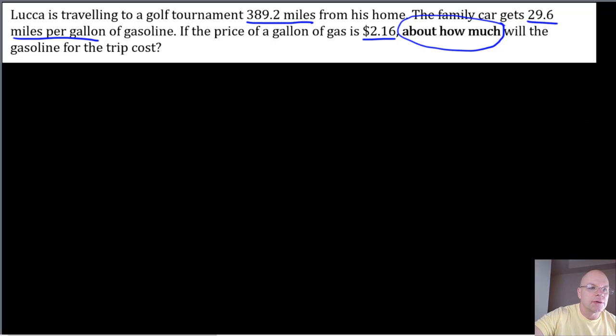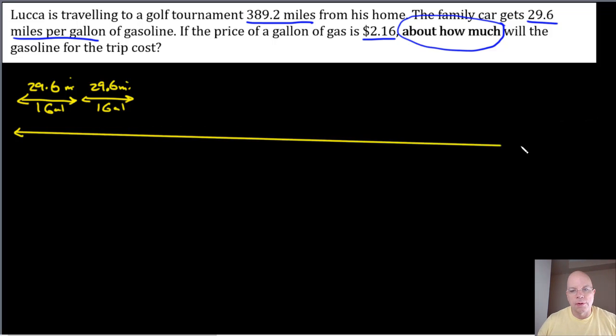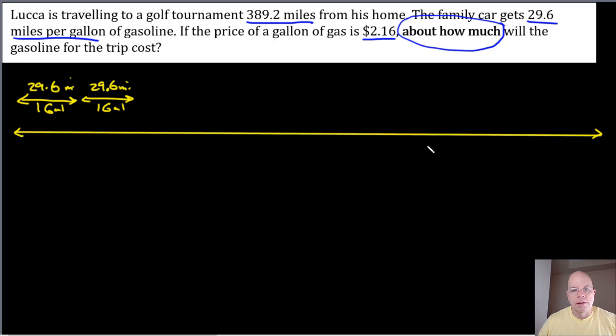If you can go 29 6/10 miles with 1 gallon, then you can go twice that far with 2 gallons. But we want to know how many gallons it's going to take to go very far.